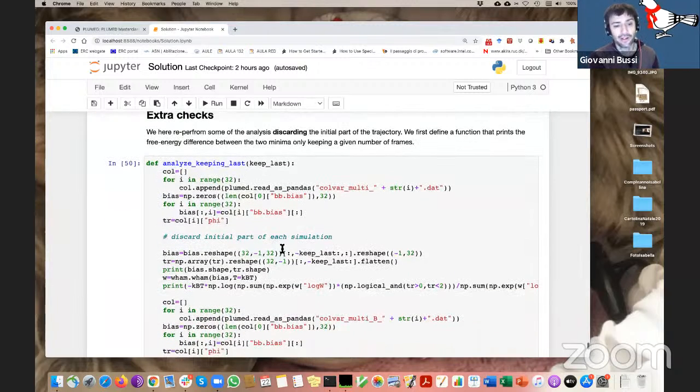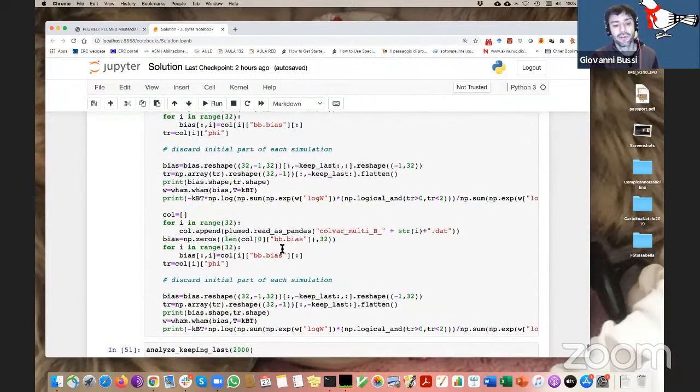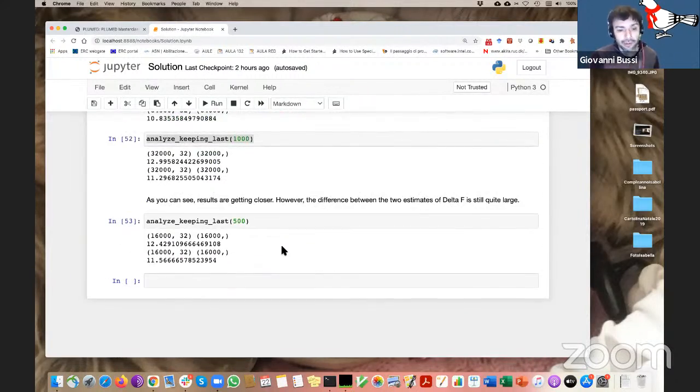I would always recommend you, at the price of course of repeating your simulation, to repeat it starting from the second state. It makes sense in this case if you have two states and you're trying to probe the free energy difference between two states. It could be maybe bound and unbound state for a ligand somewhere or whatever else. But that's really my recommendation.